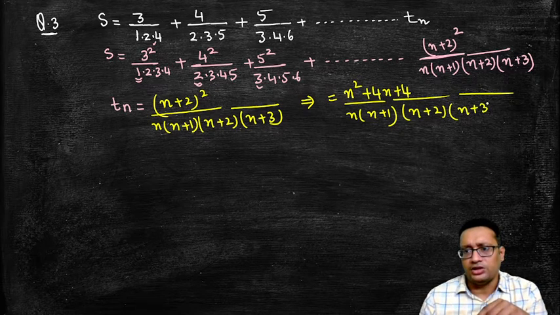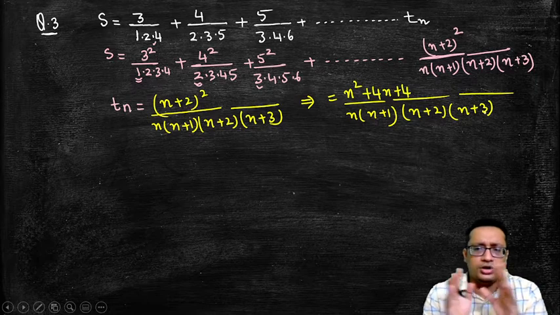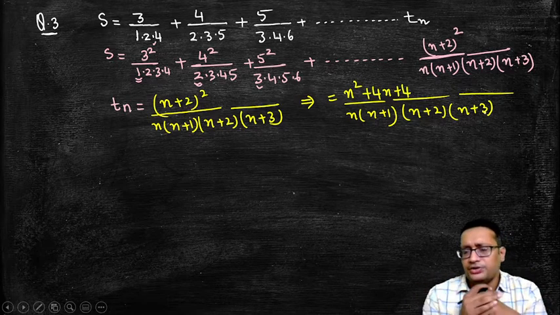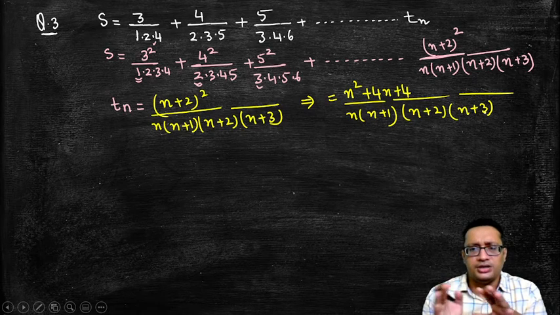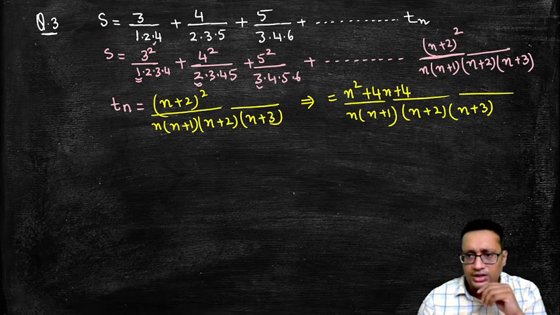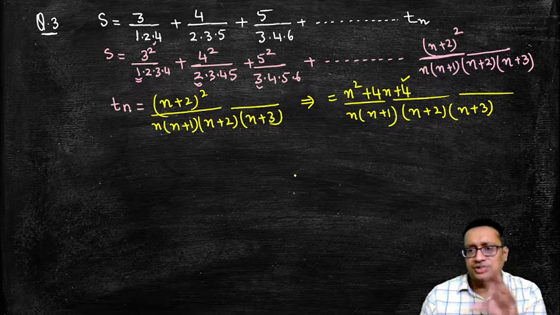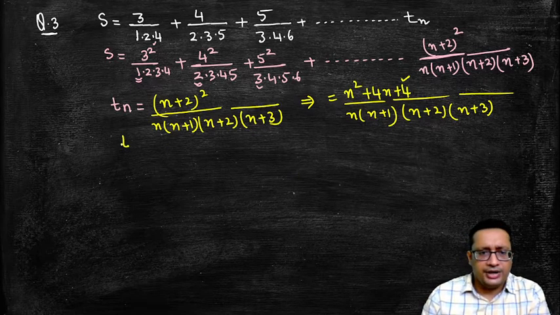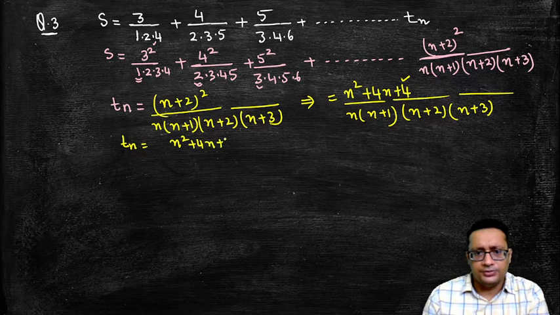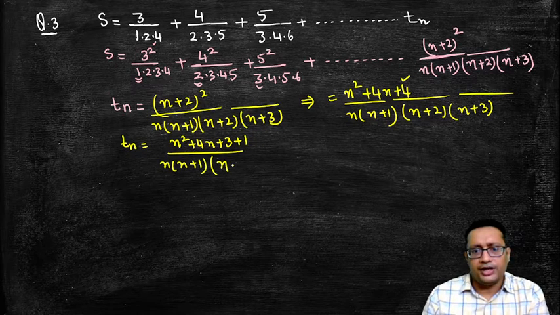Again I will say one thing, remember: you want to break it into a difference of two terms, but here you are not able to break it. So see here, I am writing this 4 as 3 plus 1. So I am writing Tn as n square plus 4n plus 3 plus 1 divided by n into n plus 1, n plus 2 and n plus 3.